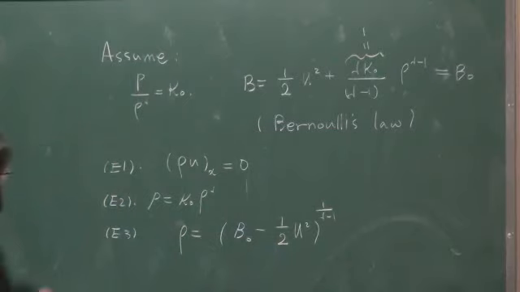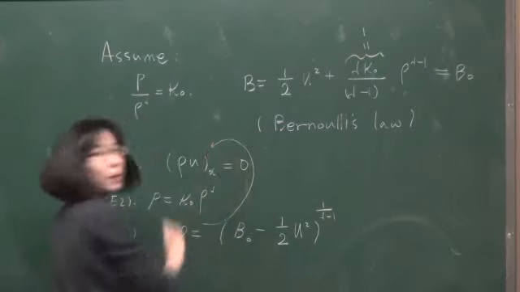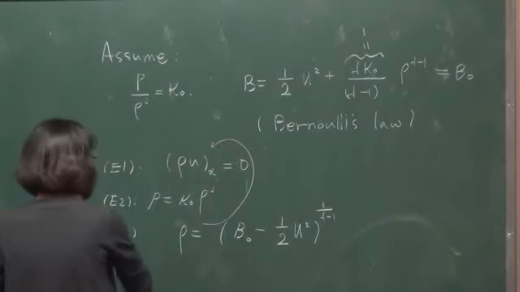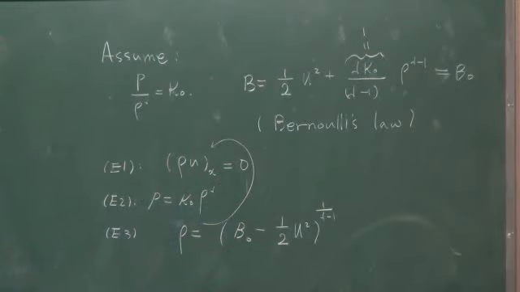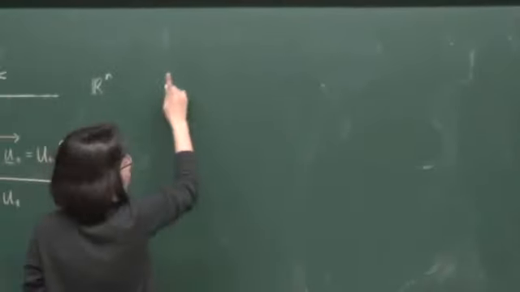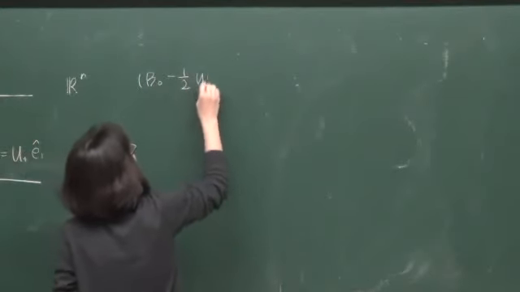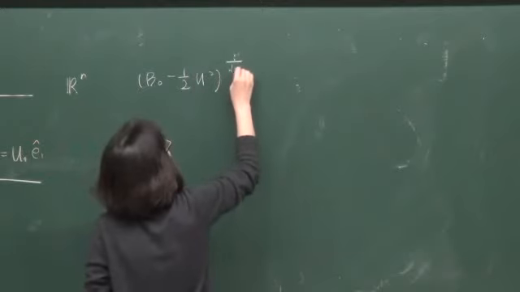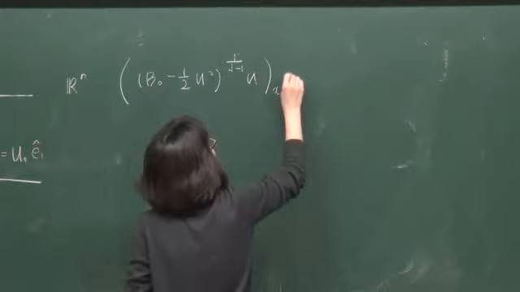So what does that mean? Well, we can even plug this back to here. Okay, I hope that I can finish the whole story in 5 minutes. So then, this E1 now finally becomes B0 minus 1/2 U squared, to the 1 over gamma minus 1, times U, x derivative equals to 0.